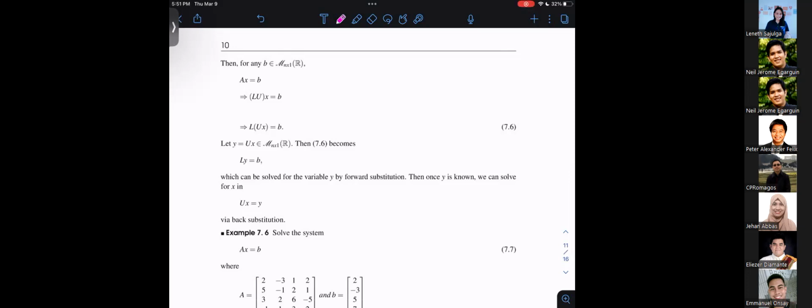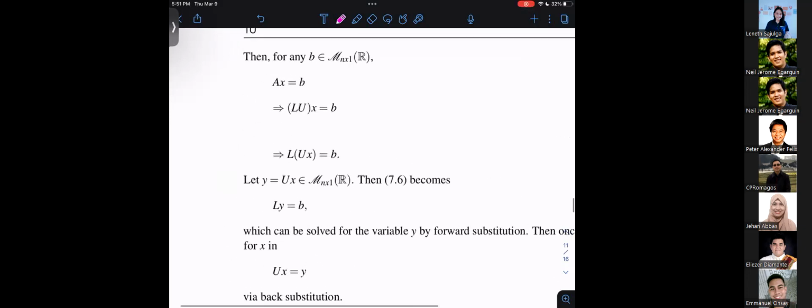Now, imagine you have the matrix equation AX equals B, right? Oh, by the way, my notation in this module is curly M sub n by 1. That means a matrix with n rows and 1 column with entries comprising of real numbers, right? So that's if I have a curly M, then an M by n below, then C over here.